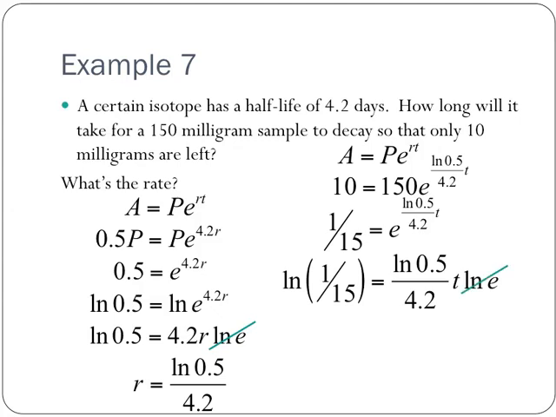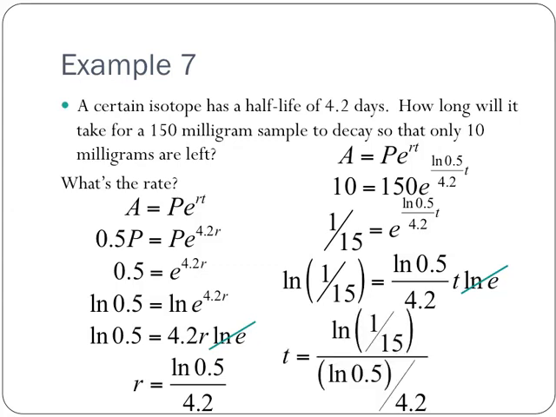And now we solve for t. So to solve for t, we can divide both sides by this giant fraction here. So divide ln of 1/15 by ln of 0.5 over 4.2. Okay, and if we were to find the approximate value here, it should come out to be about 16.4 days.